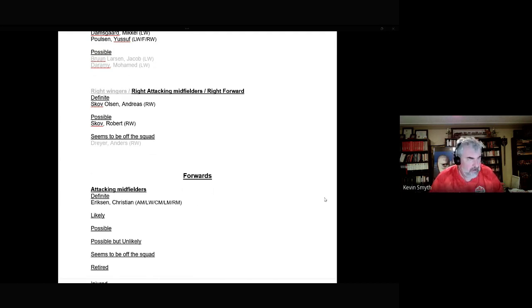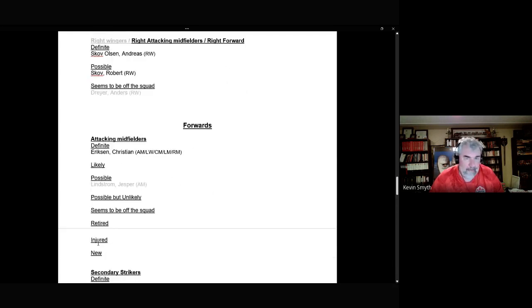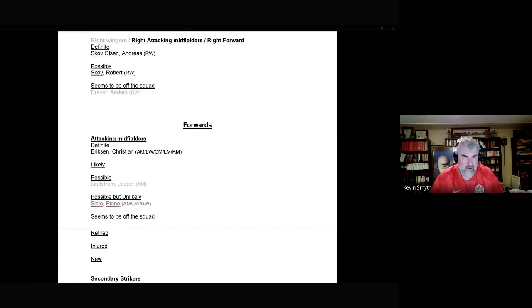And we also have Jesper Lindstrom, a possible candidate, coded as an attacking midfielder, and Pione Sisto as a possible but unlikely candidate. So we'll come back to him, but we'll start by talking about Christian Eriksen, probably their biggest name right now.